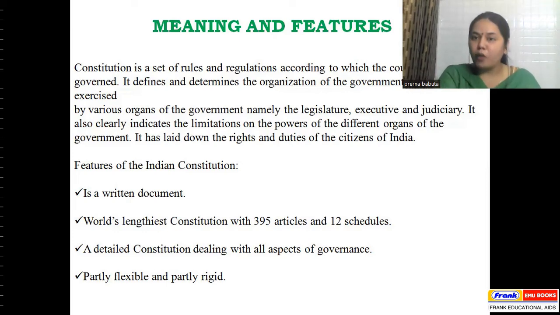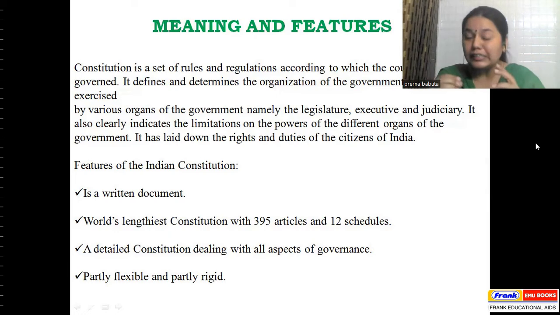First and foremost, we need to understand that the Constitution is a set of rules and regulations based on which a country is to be ruled. Second, the Constitution also clearly mentions the powers as well as the functions of the organs of the government. In the case of India, the three organs are legislature, executive, and judiciary.